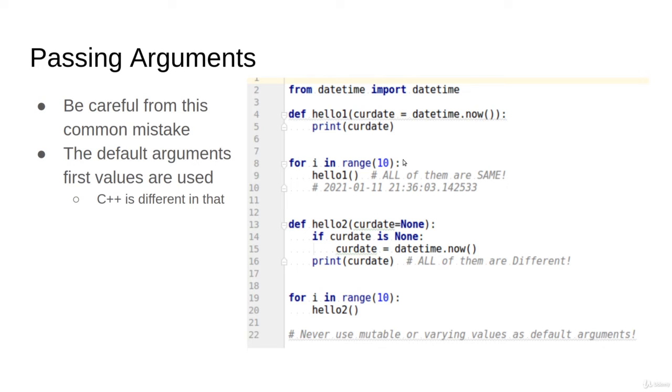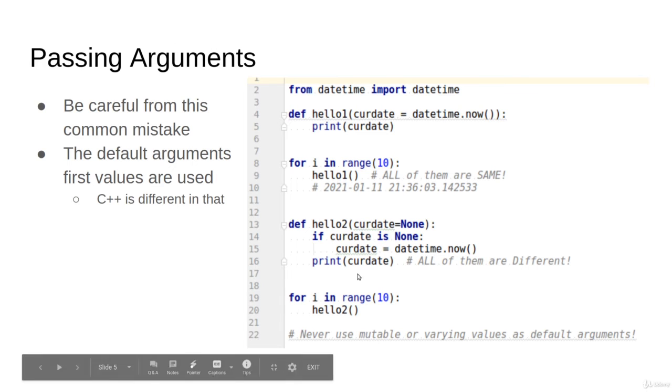But this isn't the case in Python. So how to handle that? What if I would like to provide a date as a default value? The right way is to use None, check it inside the function, and then assign the value there. This way, with every call, you are actually computing a new datetime value.